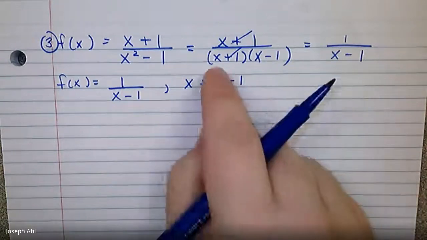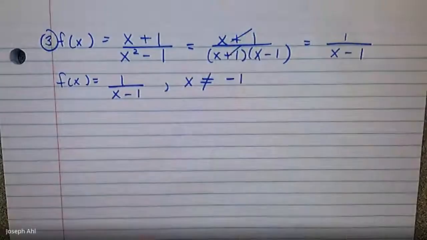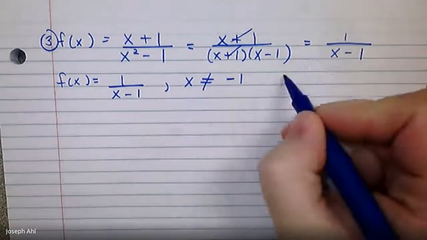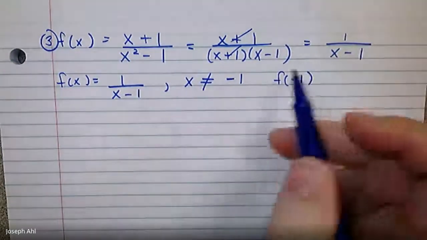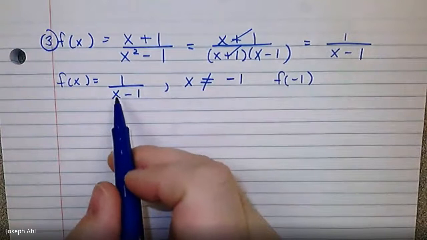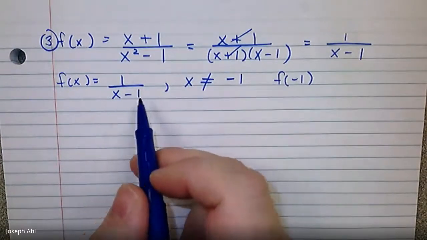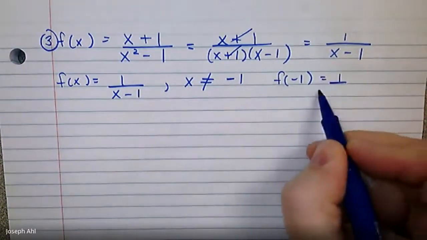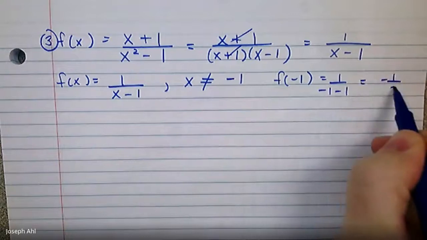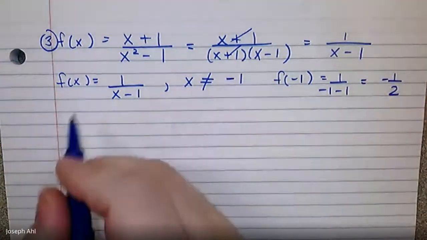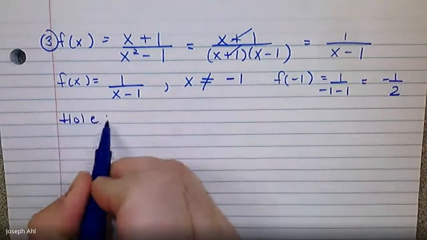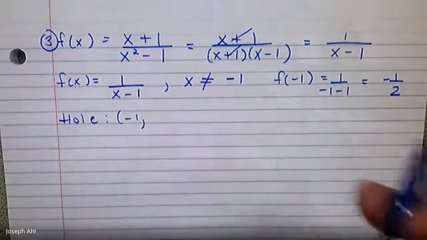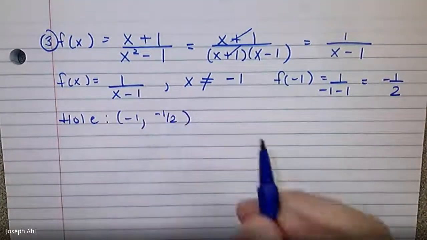Okay, that's where that vertical asymptote and x-intercept would have been. So then really quickly, what's f of -1, just so I can get the y value for the hole? If you plug in -1 for x right here, 1 over -1 minus 1 would be -0.5. Okay, so the hole in the graph is the coordinate -1, -0.5.